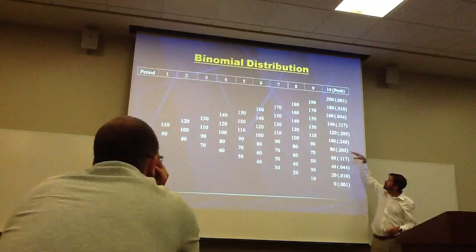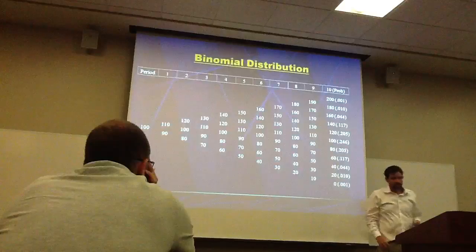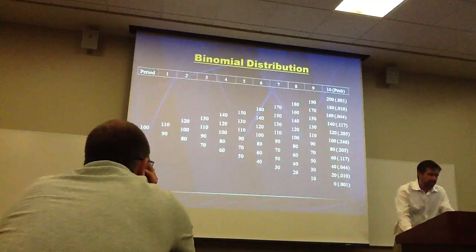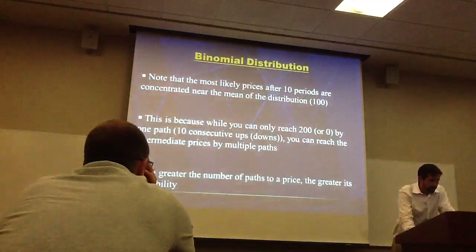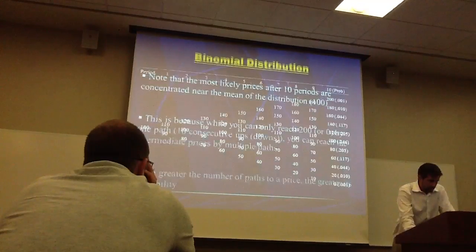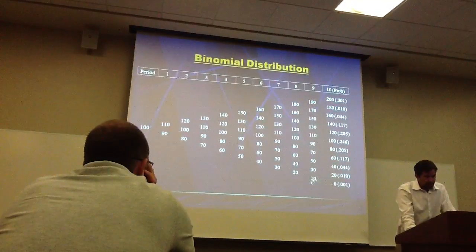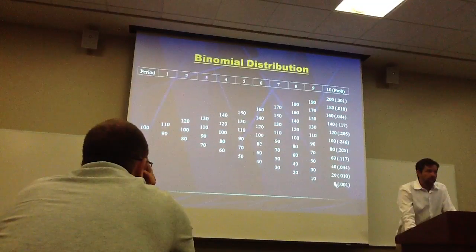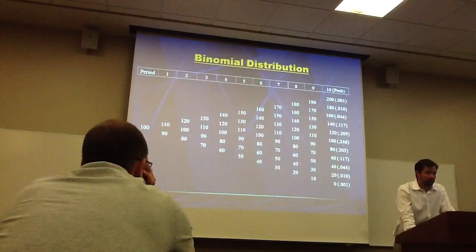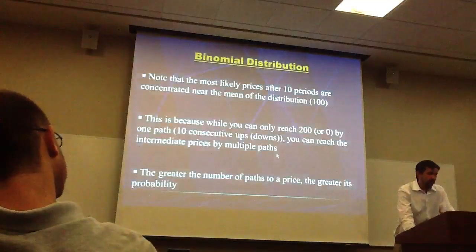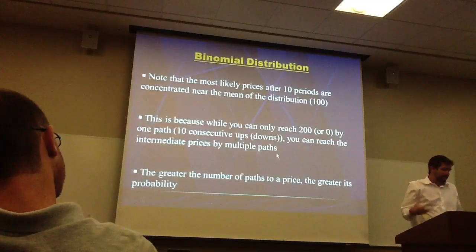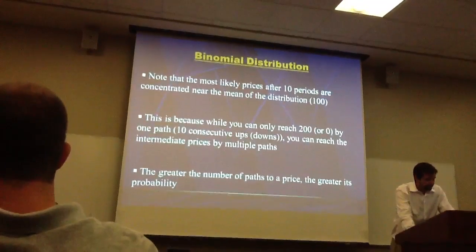Most of the time, most of the action happens right around these more heavily probability weighted prices. Again, if we were to take this out another period, 0, we can't go to a negative stock price, right? But we can keep going up and up and up, that's fine. So we have to come up with something that even resembles this a little bit more.